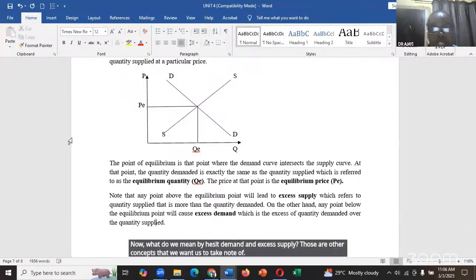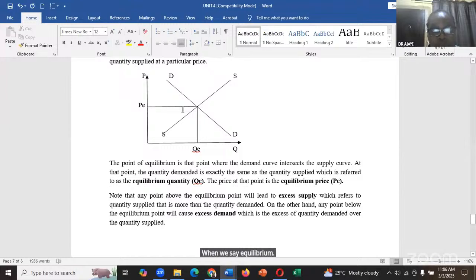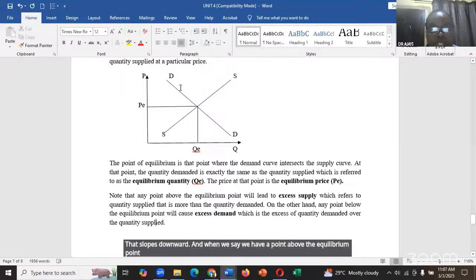When we say equilibrium, if you look at this point, this is the demand curve that slopes downward. And when we say we have a point above the equilibrium point, if you look at the equilibrium point, this is it.